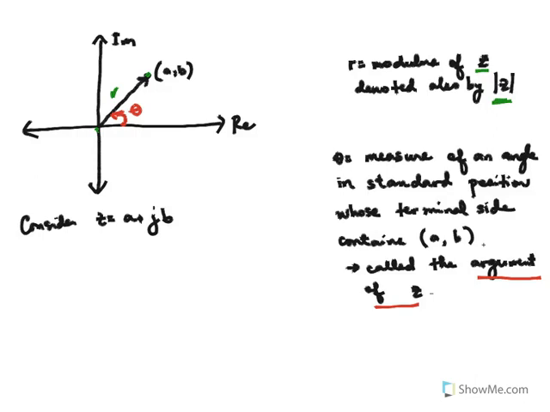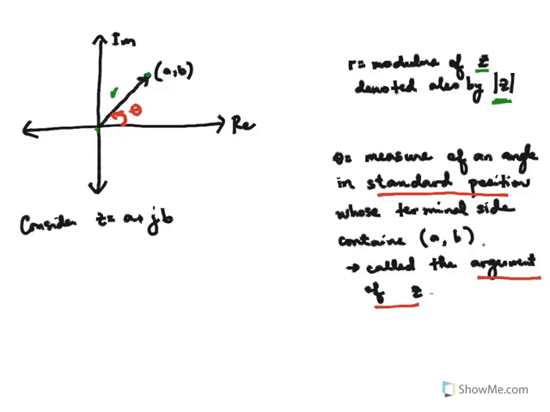Remember that theta is always measured in standard position. That means you always start your measurement from the positive x-axis, and most of the time what we give are positive values of theta. So you go from the positive x-axis counterclockwise so that you get an argument that is positive and in standard position.